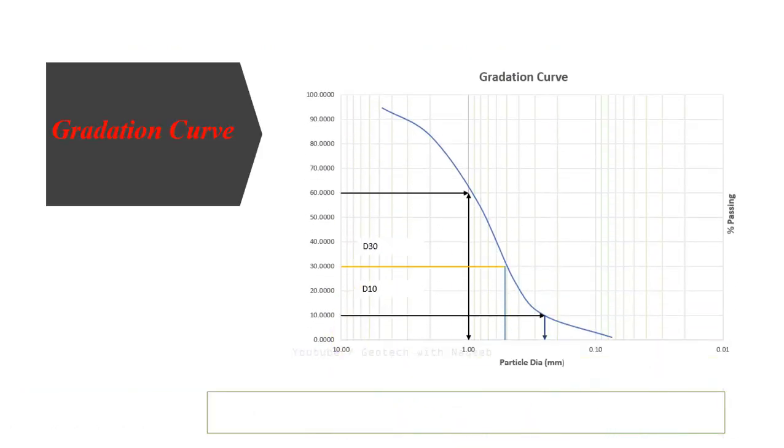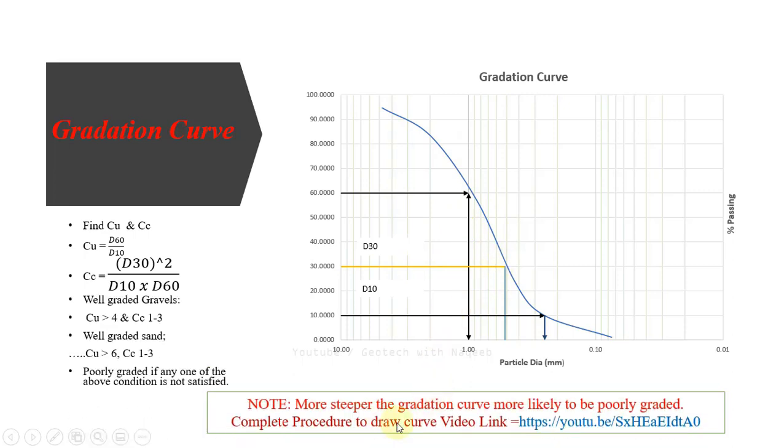Now, the gradation curve. The next step is to draw the gradation curve from the sieve analysis test results. So here you can see, you will plot a graph of percentage passing against particle size in mm. The detailed procedure to draw this curve I have explained in the video link given over here.